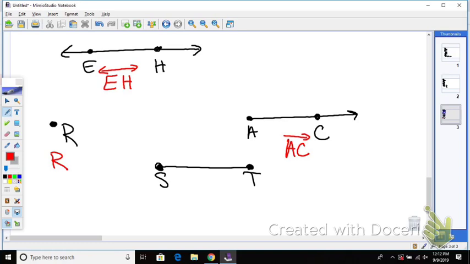Okay, and then what is this here? A segment. I know that because it has a starting and an ending point. So for a segment, I'm going to use 2 letters and just a dash on the top. Look at the difference between each one so that you pick the right one for the right line, segment, ray, or point.